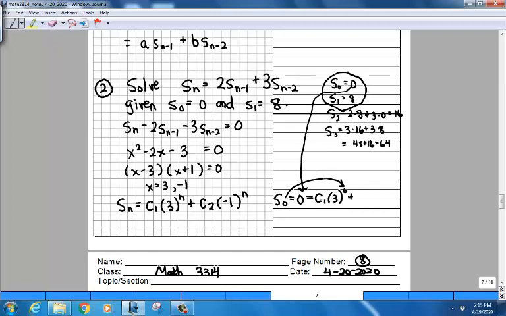And now plus C2 times minus 1 raised to the 0th power. What does that work out to be? Raising these constants to the 0th power gives me 1, so 0 is equal to C1 plus C2. Which I guess means that C2 is equal to minus C1.